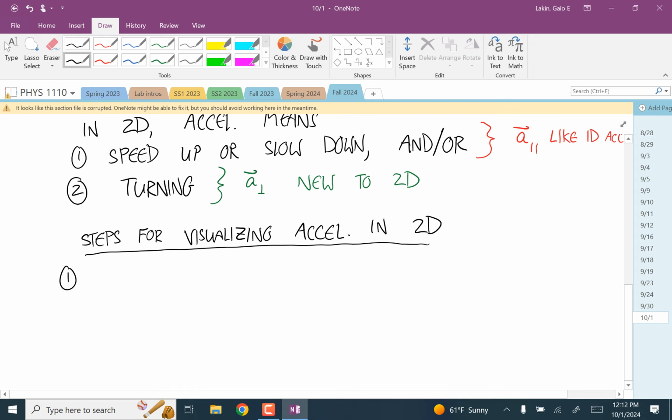So first, draw the object and its path in the real world. Okay, so none of this stuff happens in position versus time graphs. In fact, in 2D, we don't have position versus time graphs anymore. You could come up with ways to do it, but we're not going to.